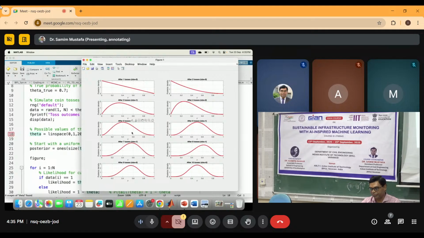Then in the fifth, sixth, seventh, and eighth you got head, so your probability shifted towards a higher probability of getting head. Then in the ninth and tenth you got tail and tail, so your probability slightly reduced. All of you got this.